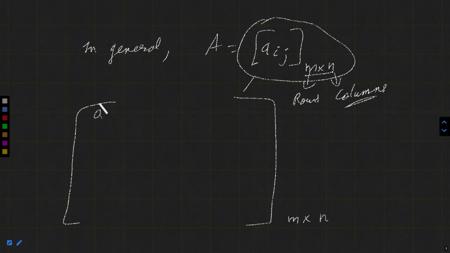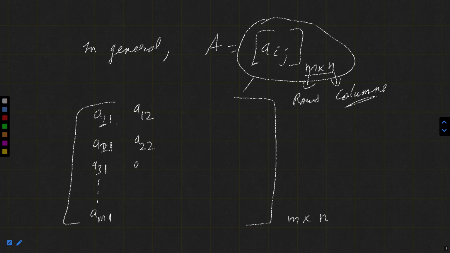So first column means a11, first row, first column. Second row, first column. Third row, first column, till mth row, first column. Now first row, second column.